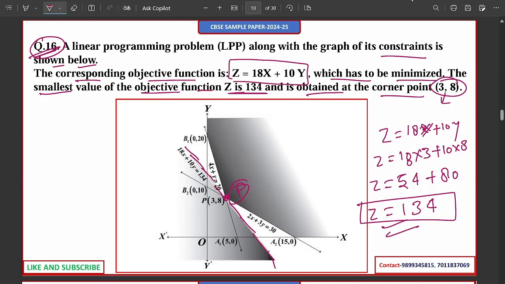Because of that, the minimum value at this point, because of this shaded region on this side, the minimum point will be feasible for 134.